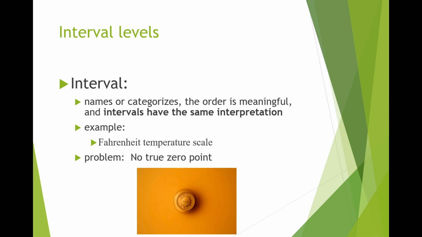For this reason, it does not make sense to say that 80 degrees is twice as hot as 40 degrees. Such a claim would depend on an arbitrary decision about where to start the temperature scale, namely what temperature to call 0, whereas the claim is intended to make a more fundamental assertion about the underlying physical reality.